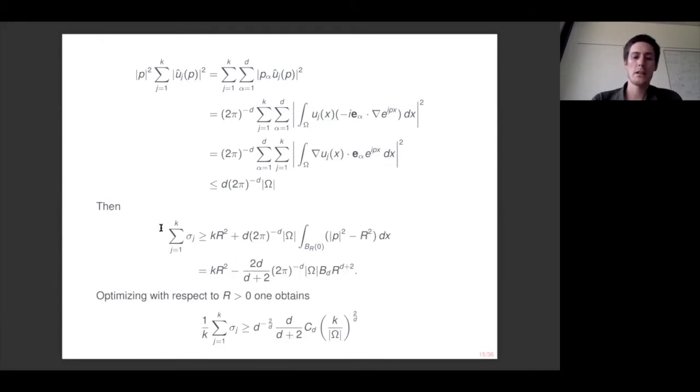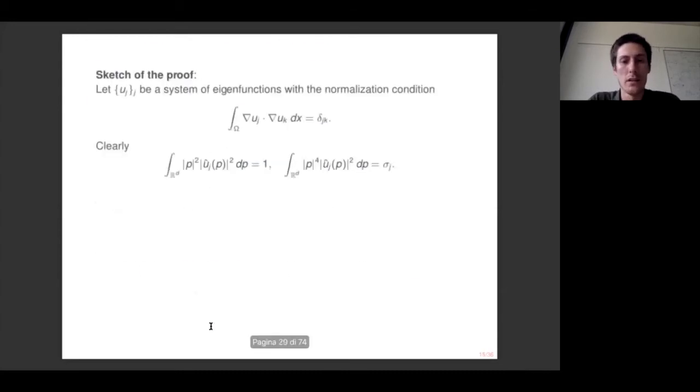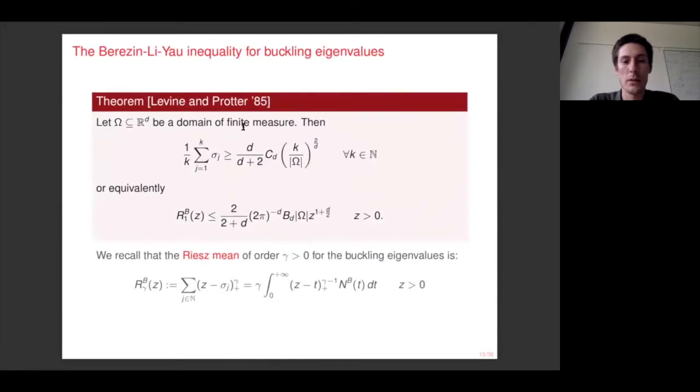And by optimizing this lower bound with respect to R, one obtains this Berezin-Li-Yau type bound, which is, of course, not sharp, since there appears this term here, which is d to the power minus 2 over d, which is always strictly less than 1. And so by this argument, one does not recover the claimed sharp Berezin-Li-Yau inequality, which is this one.